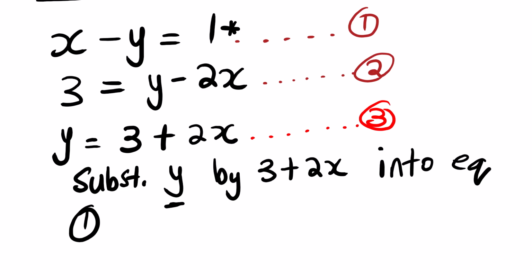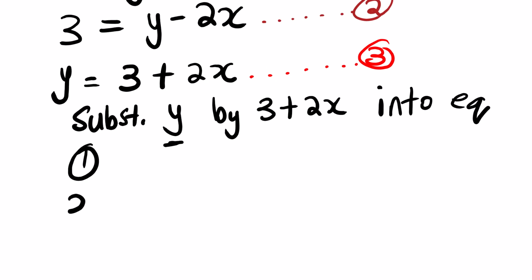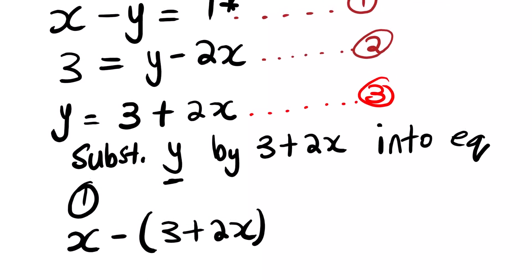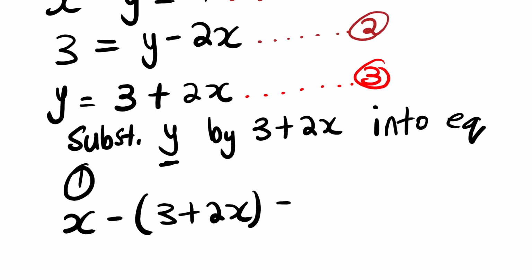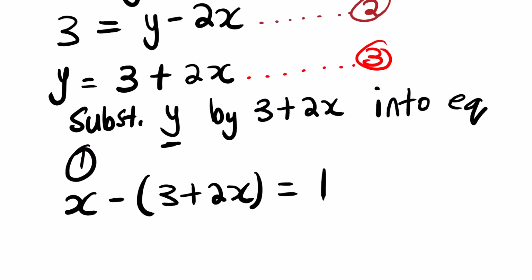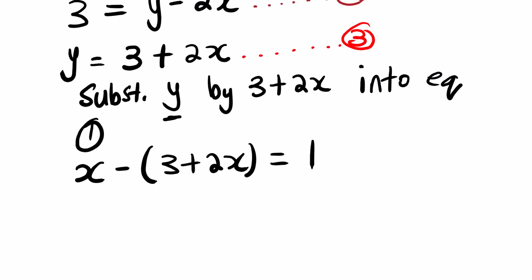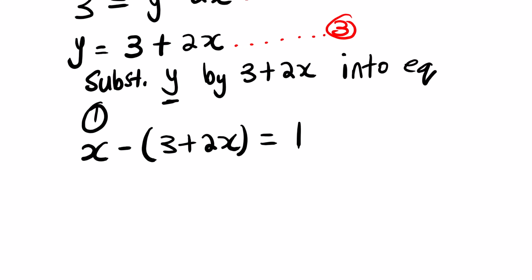Now let us do that. We have x minus, where we see y, we substitute by what? 3 plus 2x. It's equals to 1. And then from here you can see that we no longer have two variables, but we have only one.